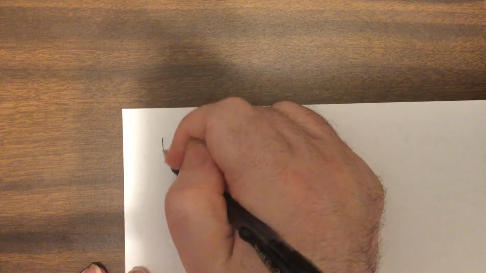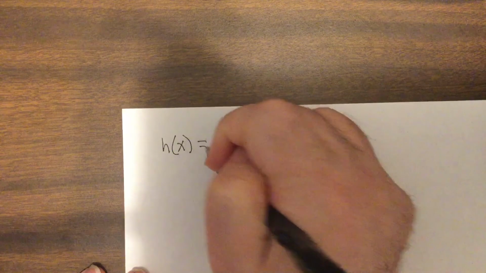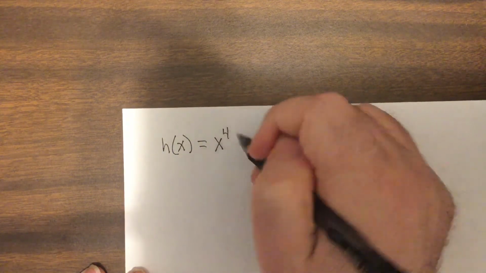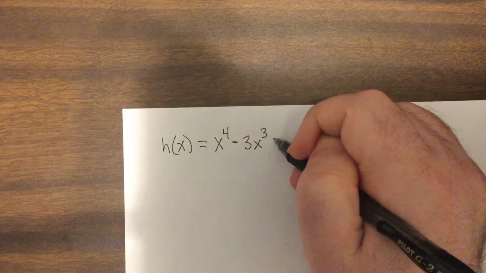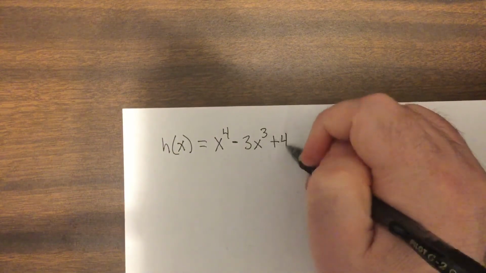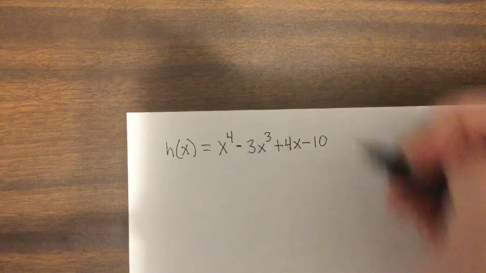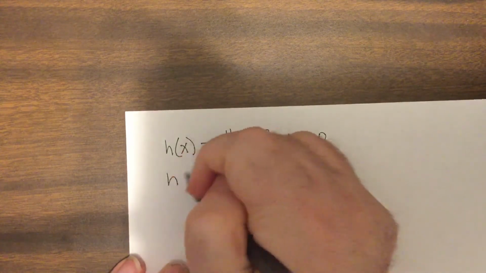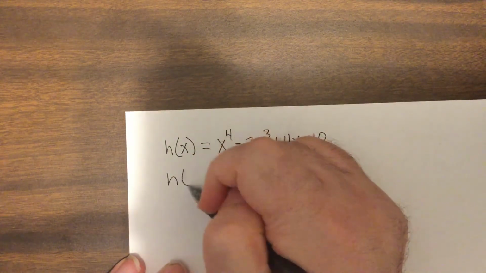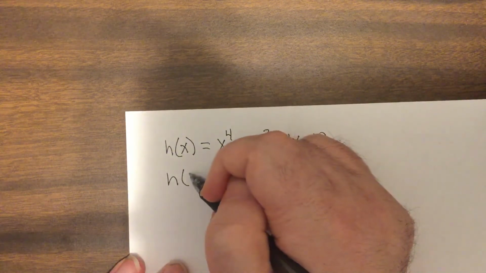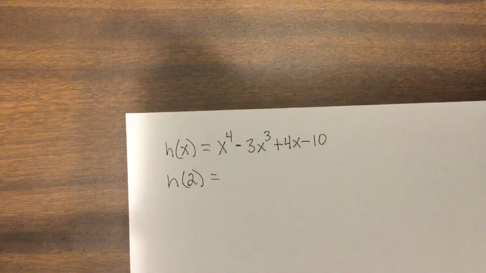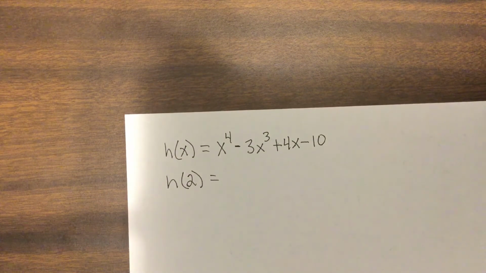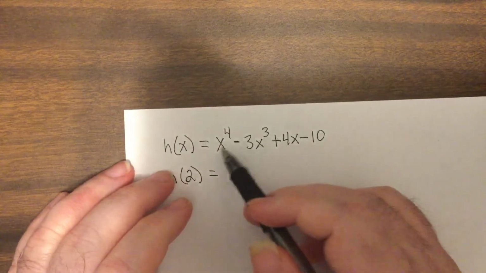So I want you to try one for me, please. Let's say h of x is x to the 4th minus 3x cubed plus 4x minus 10. And I want to know what's h of 2. I was going to do 5, but x to the 5th, that's 625, or x to the 4th, I mean.